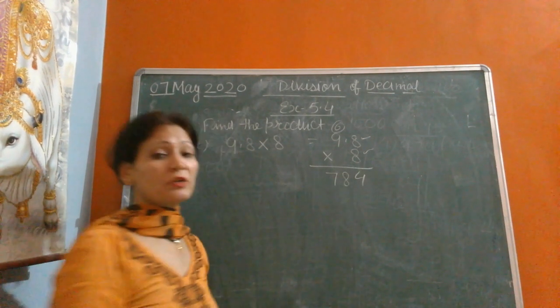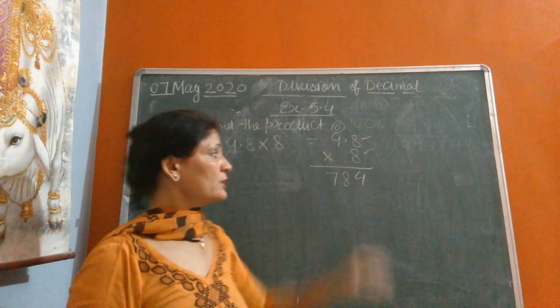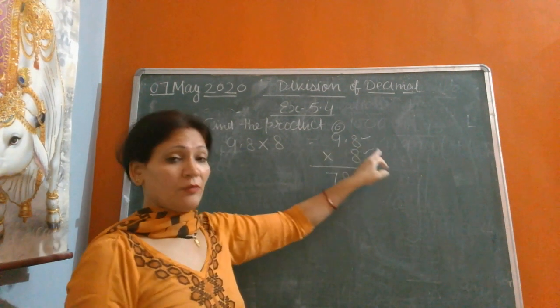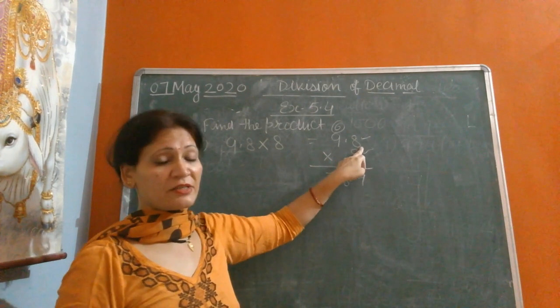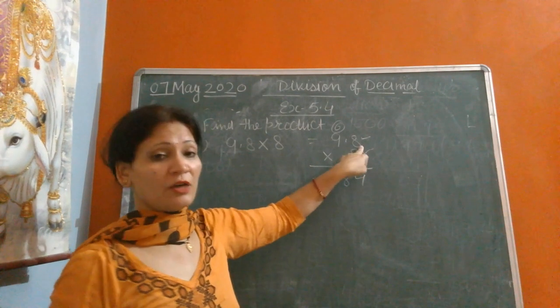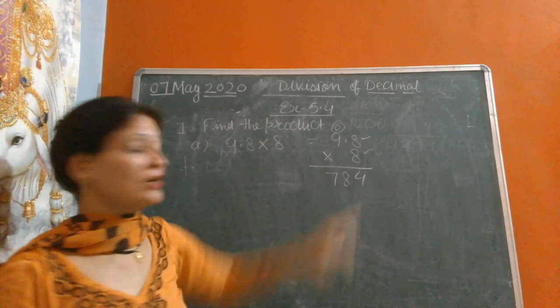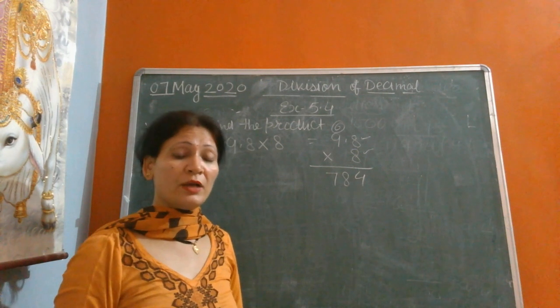Now how to put the decimal point? We will count the digits from the right hand side. How many digits are there after the decimal? 1 digit is there. So we will put the point in the answer we got.